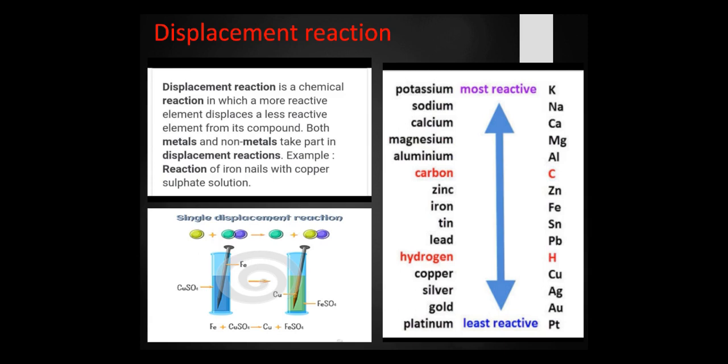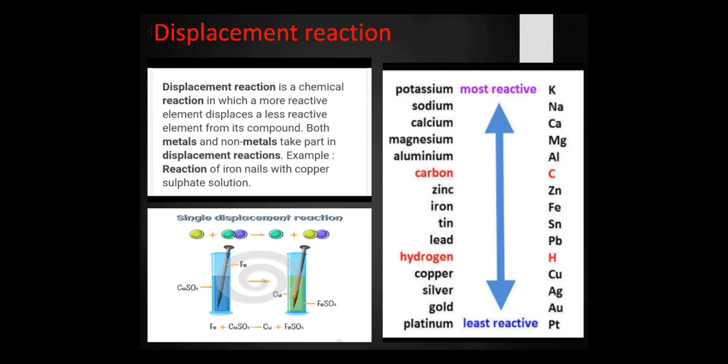This displacement reaction is based upon the reactivity series of elements. As you can see here, this is the activity series of elements. At the top there are the most reactive elements, and at the last there is the least reactive element.